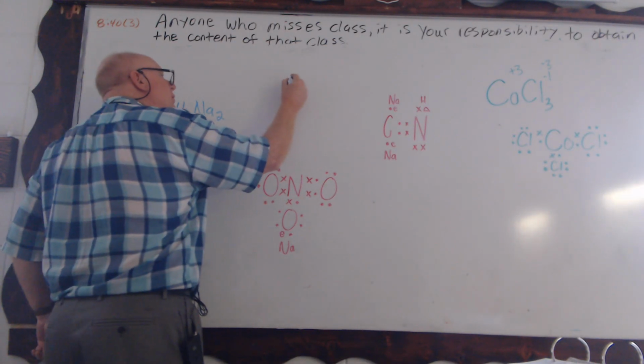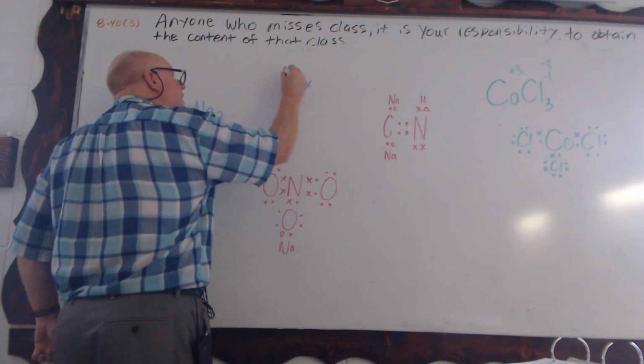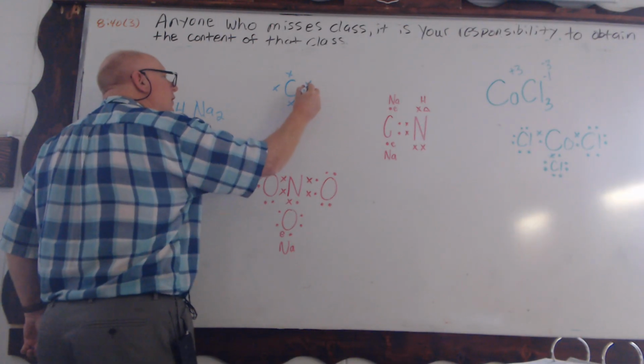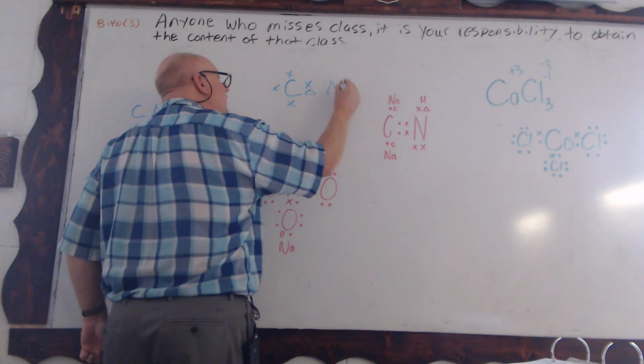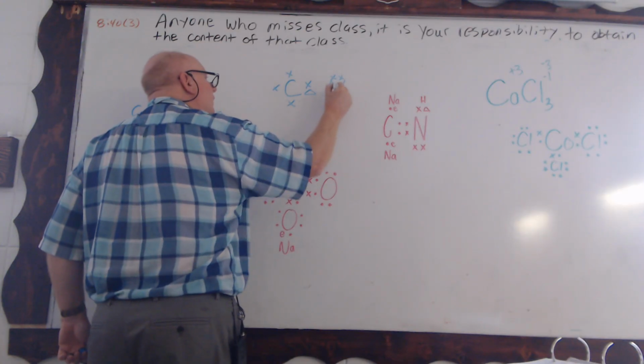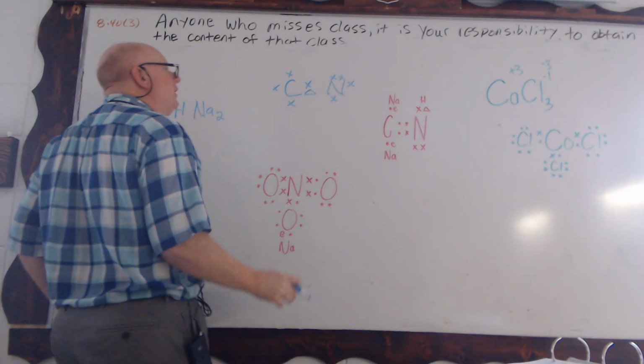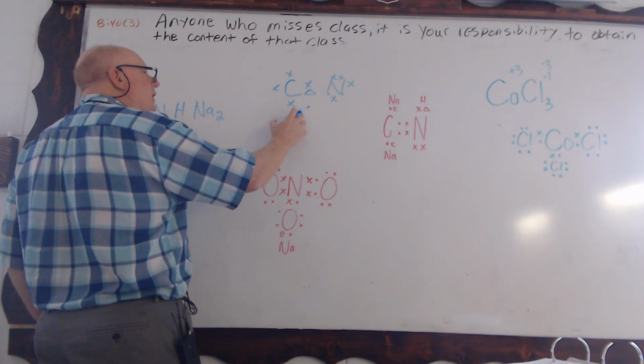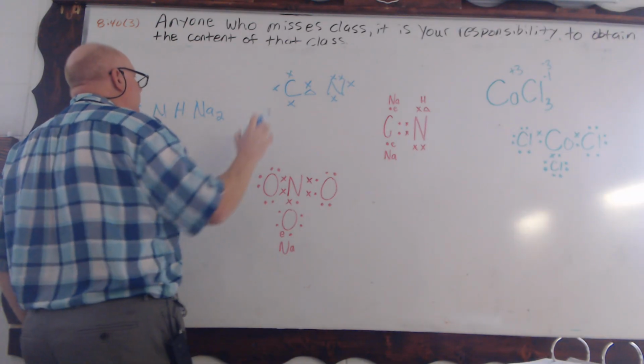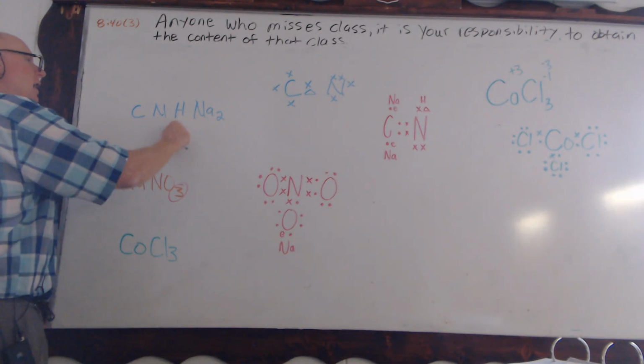Because if you're going to do a single bond, and then you try to bond that nitrogen to here, and then notice that we have 5 other spots, but only 3 atoms to put here.